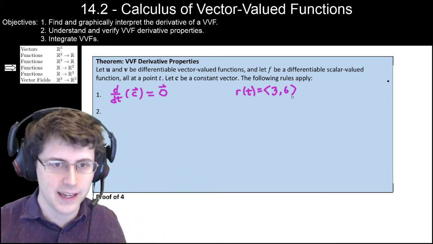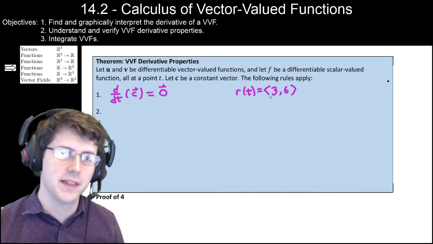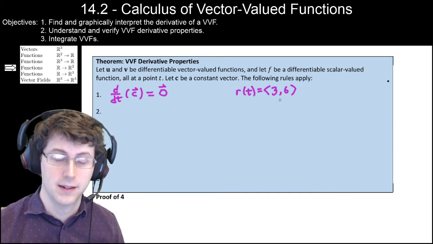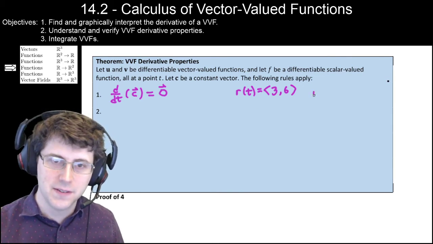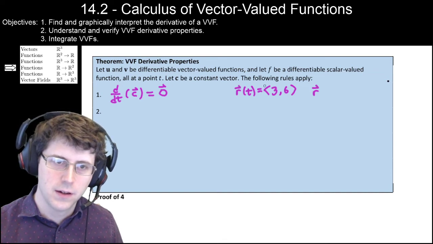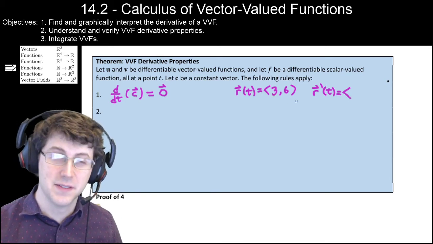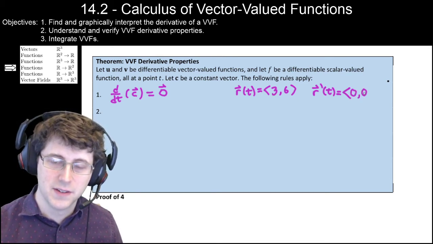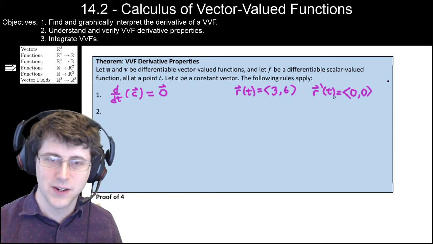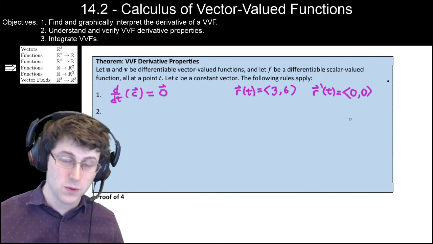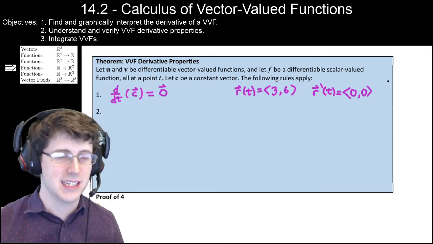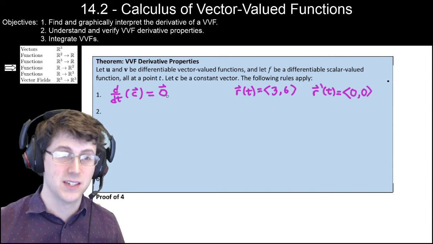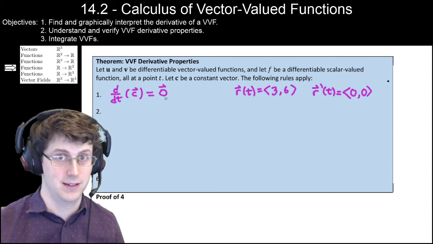But remember, we're trying to think of this whole object as a function that takes a number and gives you back a vector. So this is what a constant function looks like now. What would happen if you took the derivative? You would take the derivative of each slot. The derivative of 3 is 0, and the derivative of 6 is 0. And this vector, 0, 0, would be your derivative. That's what this says, the 0 vector.